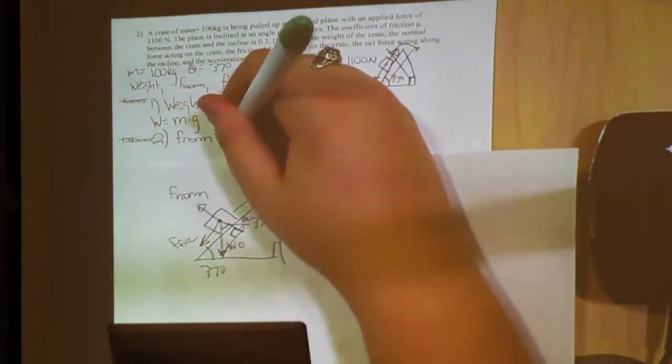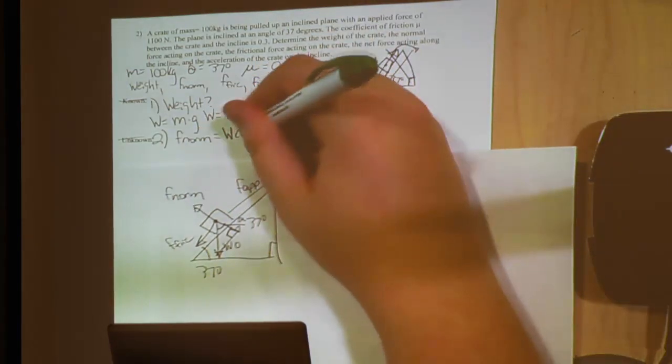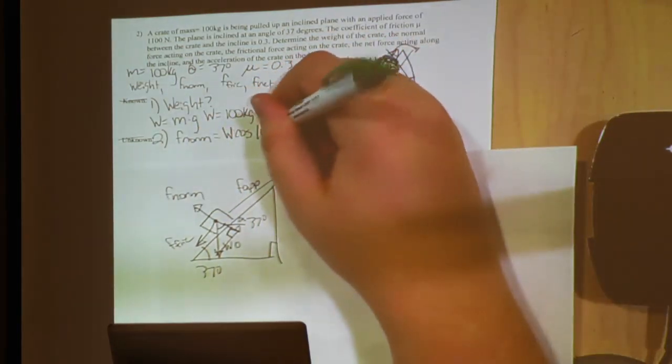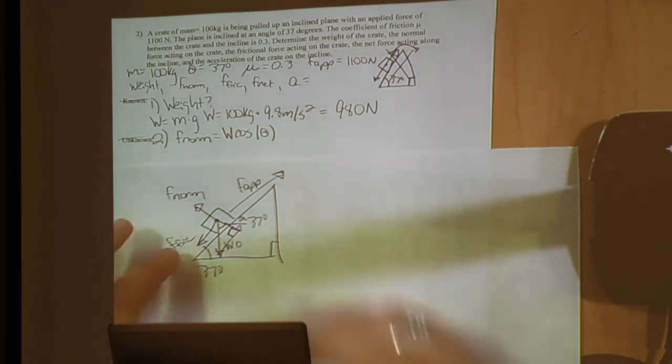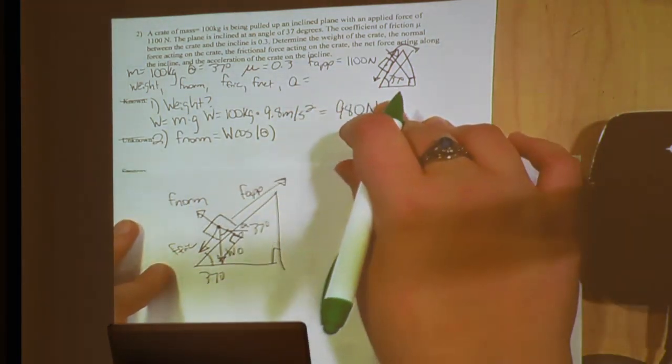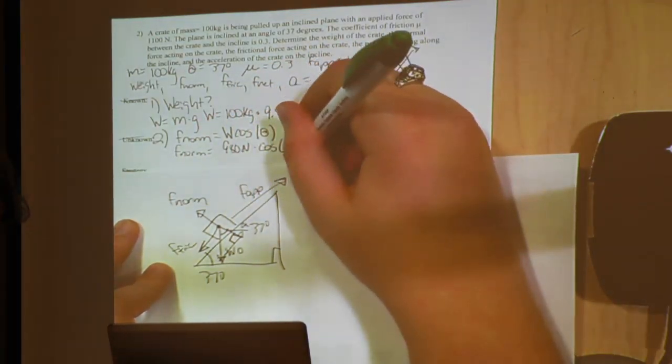So we can write weight, and then we're going to do cosine of the angle. You guys remember that? Okay. So force normal is equal to weight times cosine of theta. So F normal, if you're going to plug in the numbers, we would have 980 newtons times cosine 37. What did you guys get?